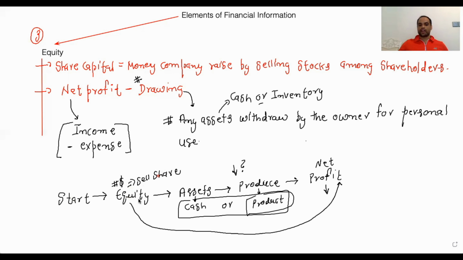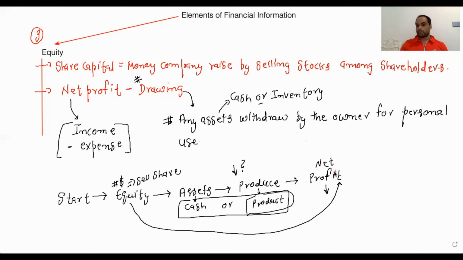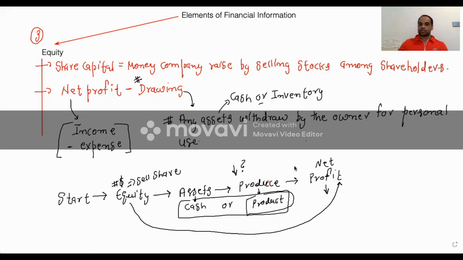Selling shares. That's called equity. Once we have equity, we invest this money to buy assets, right? And once we have assets, we produce. After production, we sell. After selling, we have profit. So that's the process. Sales minus cost. Production is the cost. You go back to the notes that I mentioned just before the break time. Exactly the same thing.